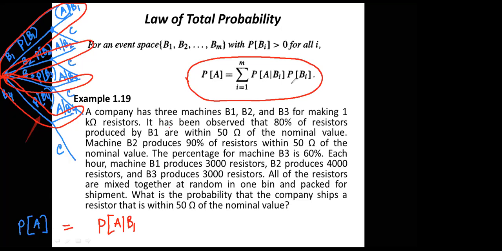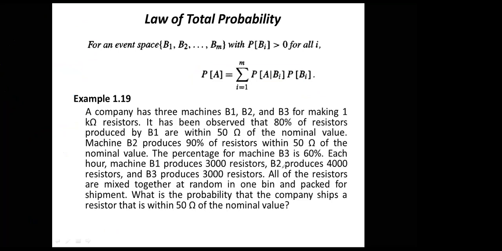This is called the prior probability, and this is called the conditional probability. So we will multiply these branches, branch number 1, branch number 2, branch number 3, and branch number 4, and then we add them all. It will be more clear when we solve example 1.19.